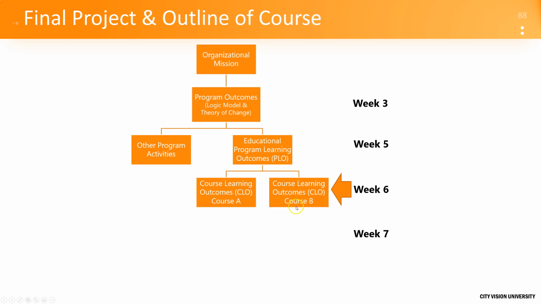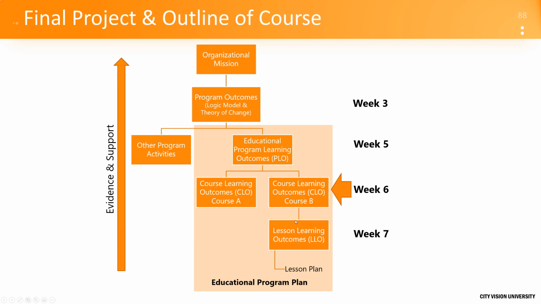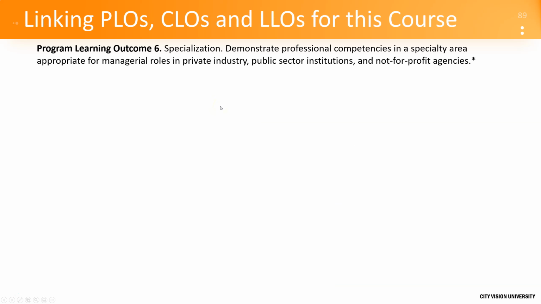So the idea is these learning outcomes, and then in week 7, you're going to do lesson learning outcomes. But these learning outcomes, whenever you write them, they need to tie together into the educational program learning outcomes and the overall program learning outcomes. So let me show an example of this from City Vision.